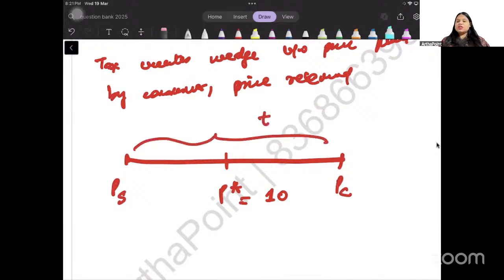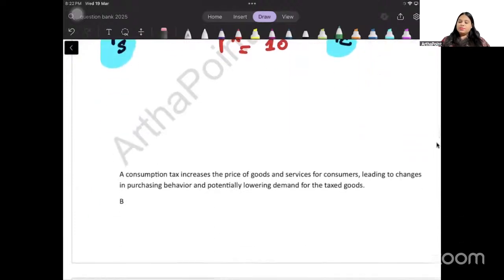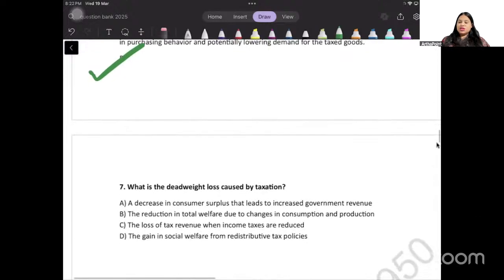So generally speaking, the price paid by consumer will increase and the price received by producer will decrease. Correct. That's the right answer. So answer will be B. ठीक है. Next question, beta.